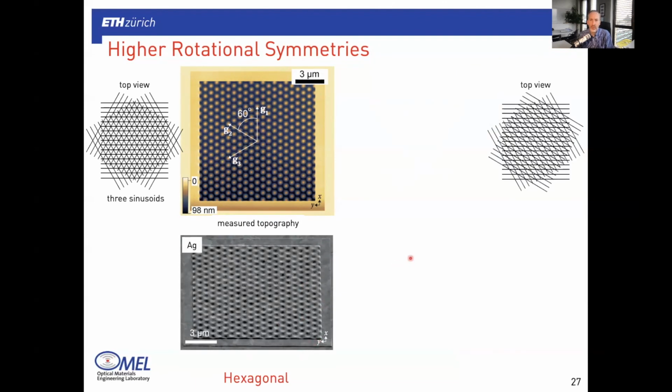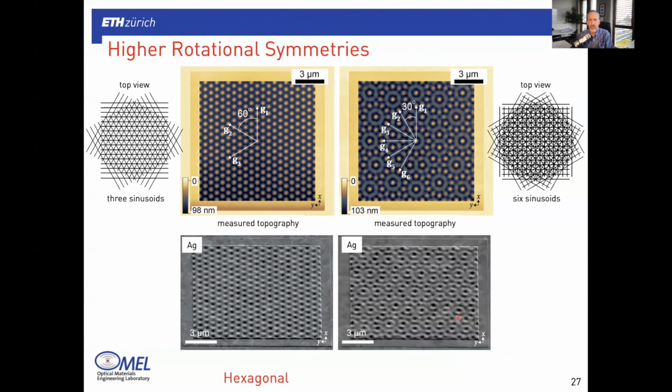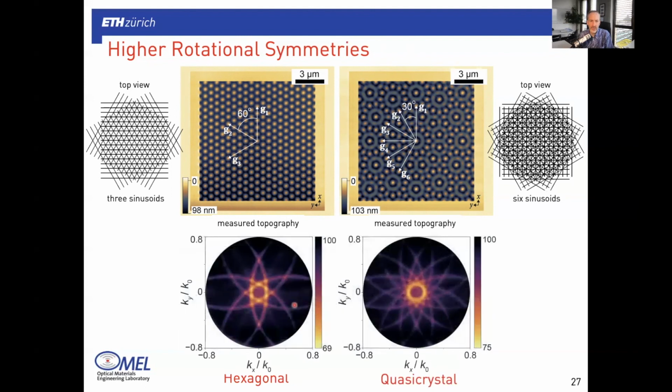If you do that for 6 sinusoids, each rotated by 30 degrees, you get a quasi-crystalline pattern here again in the polymer. Here is replicated into the silver. And also, if you use the K-space imaging technique, then the arcs are very symmetric, exactly as you would expect. Again, these arcs are showing when the photons go in at certain angles, coupled to surface plasmons on the surface due to the gratings.